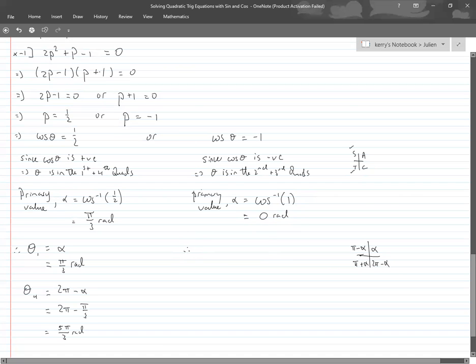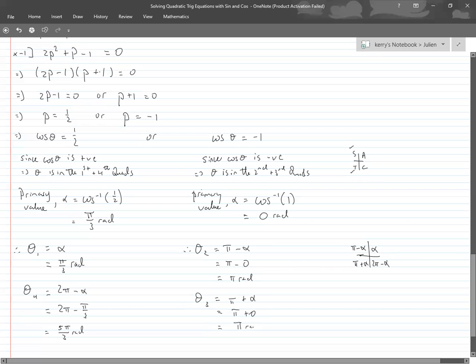Therefore theta 2, the second quadrant value, is pi minus alpha, which is pi minus 0, which is just pi radians. And theta 3 is pi plus alpha, which is pi plus 0, which again gives us pi radians.